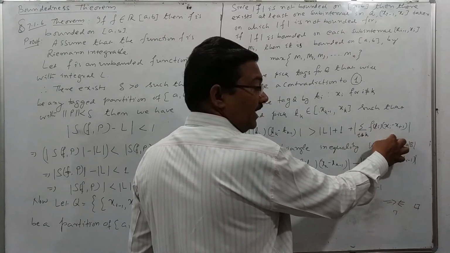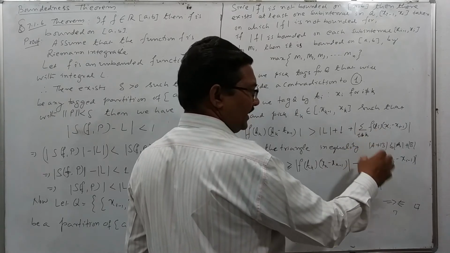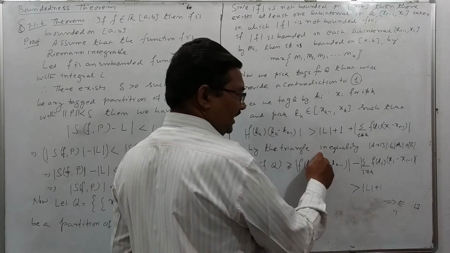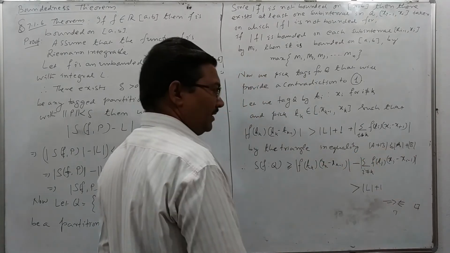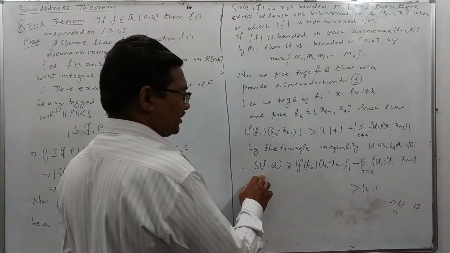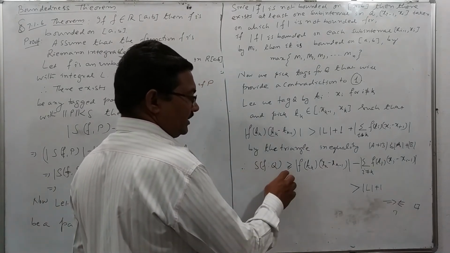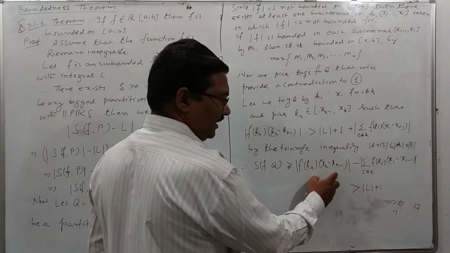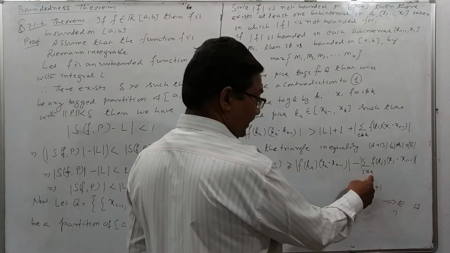This is the area of the tags, the total area. By the triangle inequality, absolute of a plus b is less than absolute of a plus absolute of b. The Darboux sum of the function f corresponding to the partition Q is greater than the particular area minus the area where k is not included.